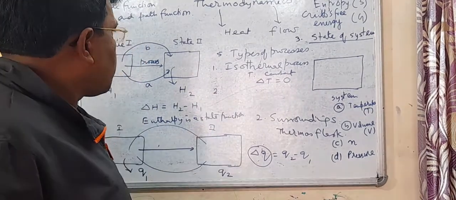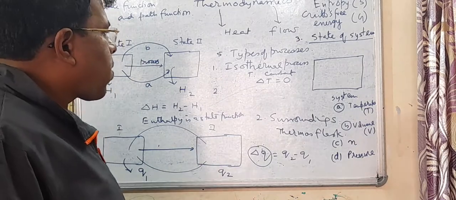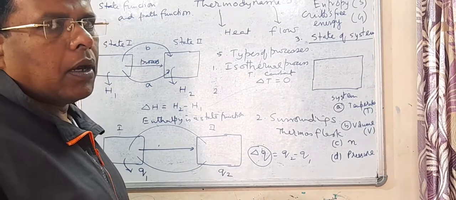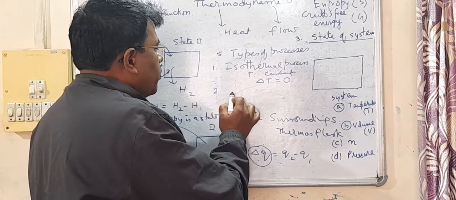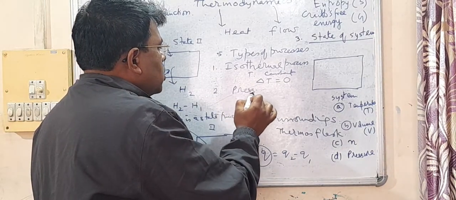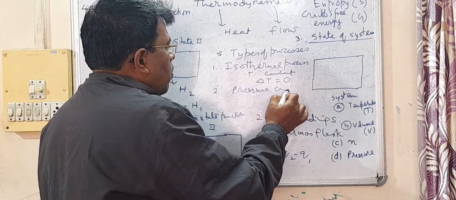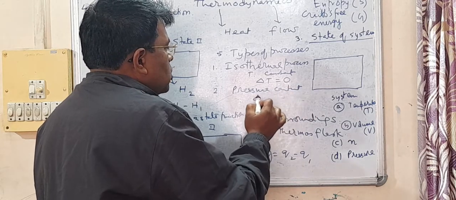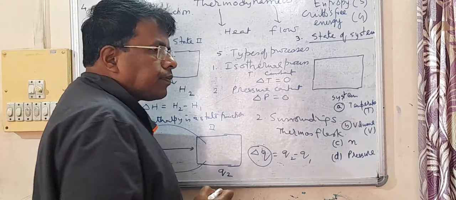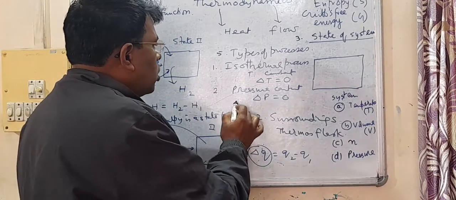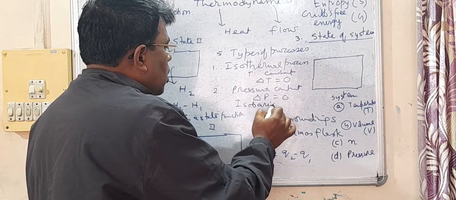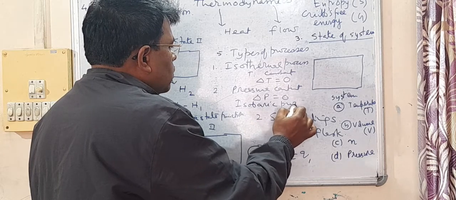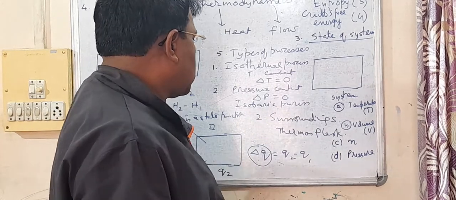Then suppose during a process, pressure is kept constant, so that there is no change in pressure. Then that is called an isobaric process. Isobaric process, if pressure is constant.